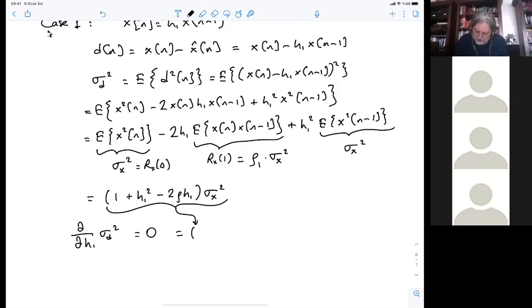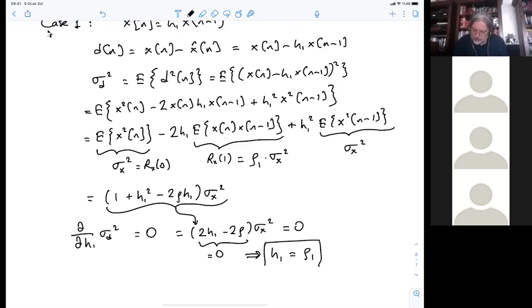It is the derivative of h1 square with respect to h1, which is 2h1. And the derivative of minus 2 rho h1 with respect to h1 is minus 2 rho. Of course, this sigma x square will stay, and this is equal to 0, which means that h1 is equal to rho 1.